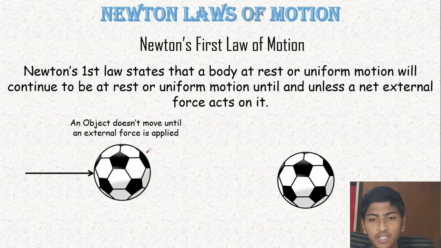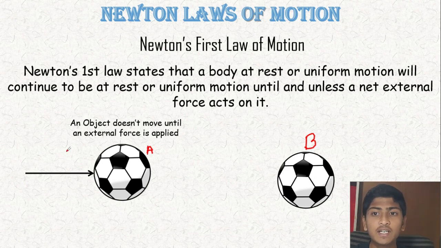Initially it was at point A, but finally it moved to point B. When a force is applied on the ball, it changes its position. This is the force. About this force we are going to discuss in the second law of motion.